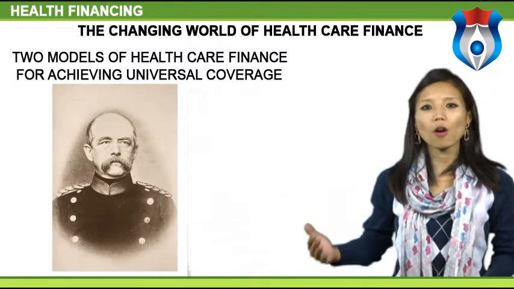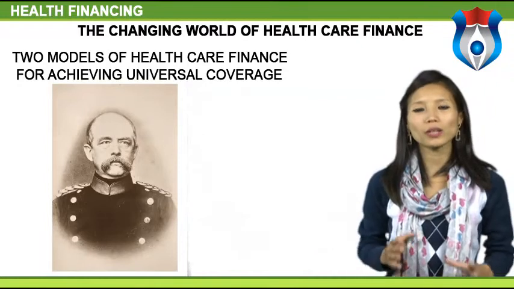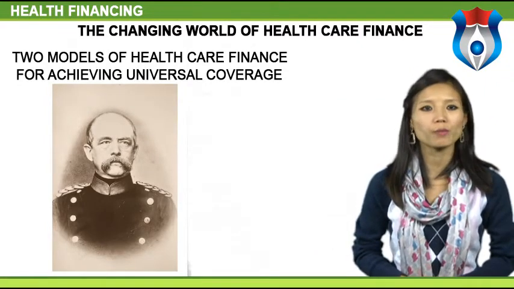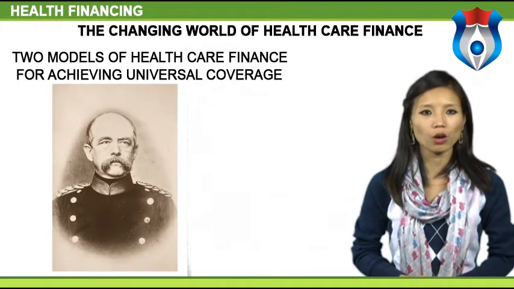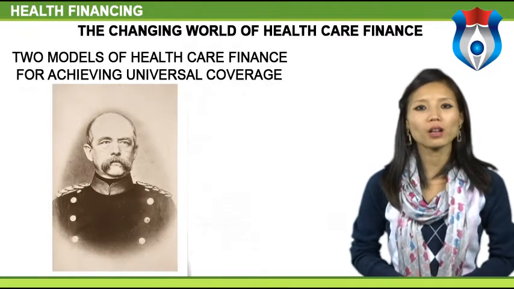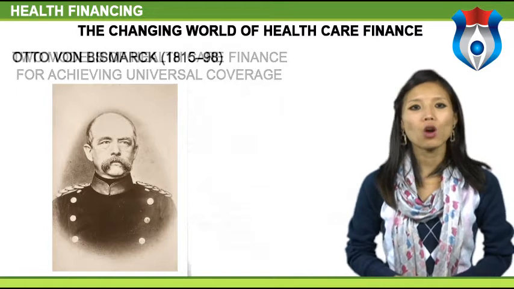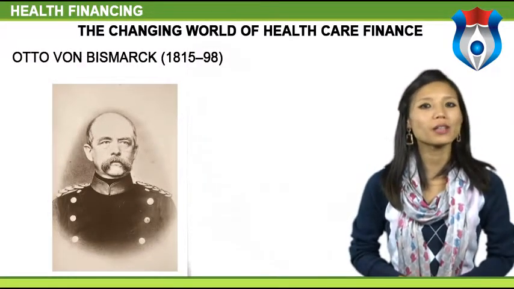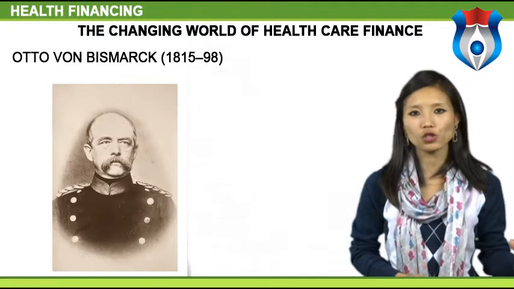Two models that are often referred to in connection with attempts to ensure universal healthcare coverage are the Bismarck model, which is based on compulsory social health insurance, and the Beveridge model, based on tax-funded services. Otto von Bismarck, 1815-98, Prussian-German statesman and founder of social insurance in Germany.